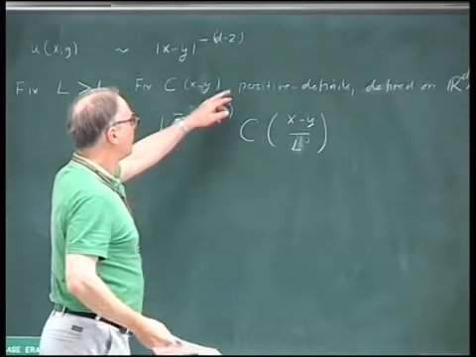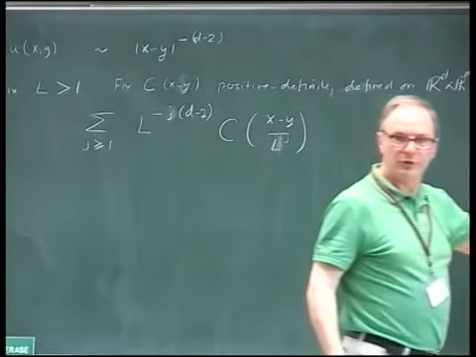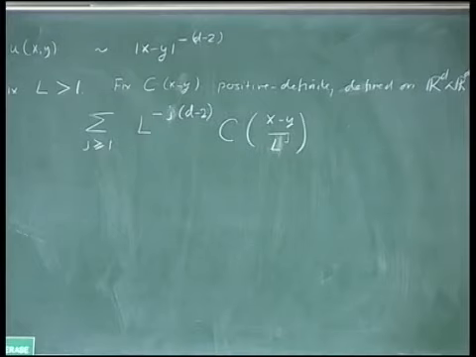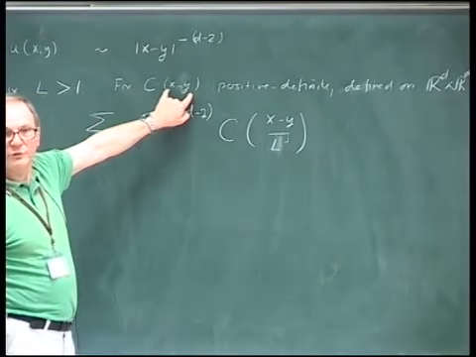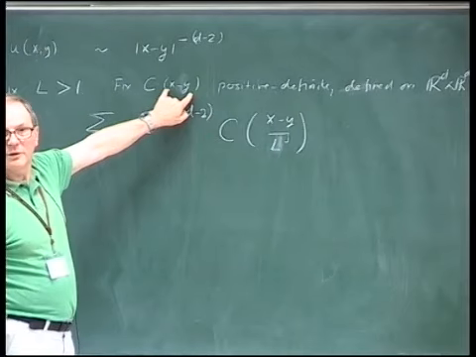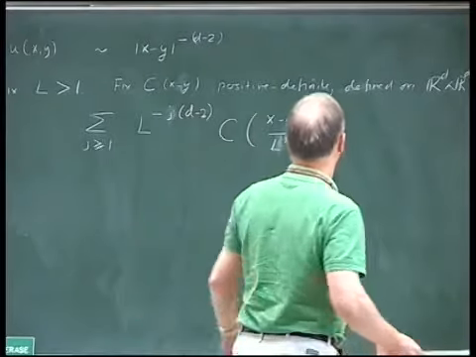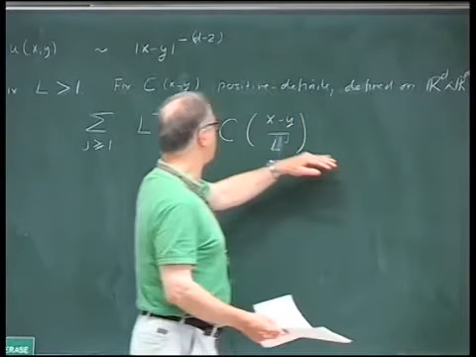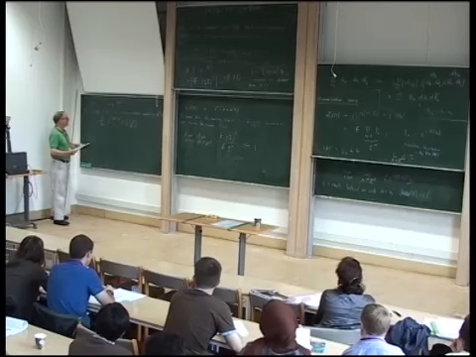Now, I already explained what positive definite means for matrices. So it means the eigenvalues are positive, for example. A positive definite function is simply a function which, if you restrict the arguments x and y to be any finite set, forms a positive definite matrix. You need this property because I'm going to try to construct Gaussian measures in a moment out of these things.